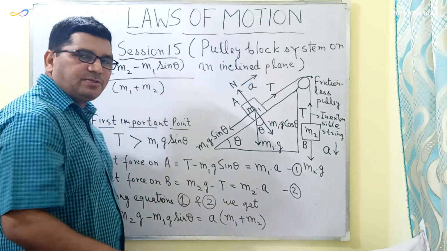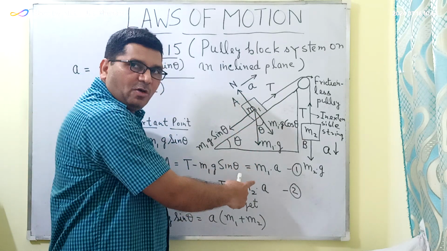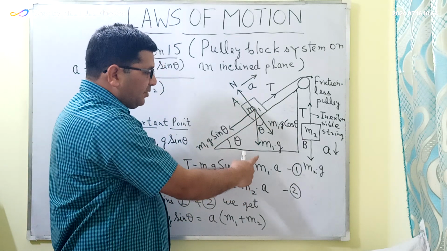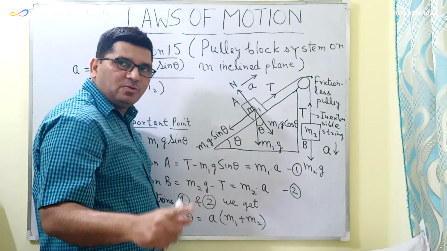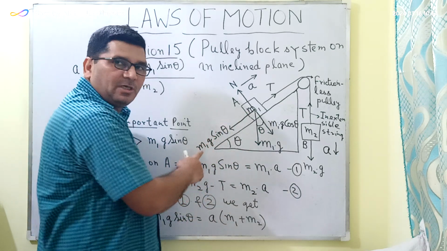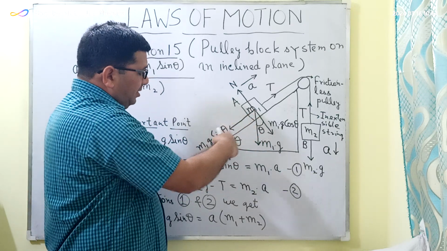So in this question, the most important thing which you have to remember is that the weight will be acting vertically downward, and so you have to resolve this weight into two components. One is the horizontal component and one is the vertical component.